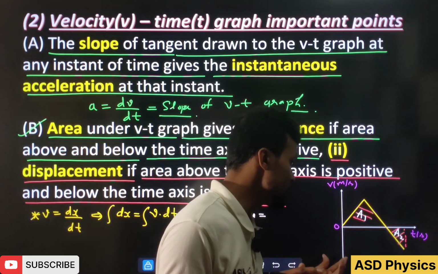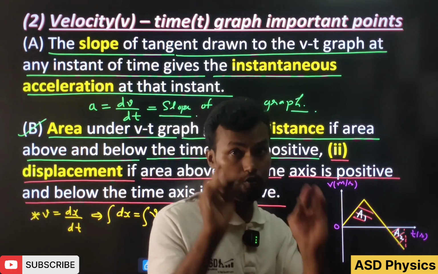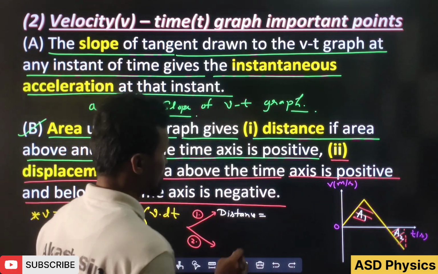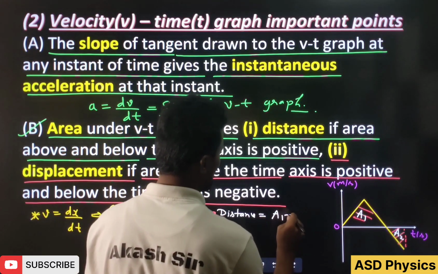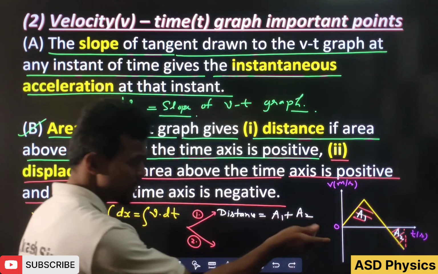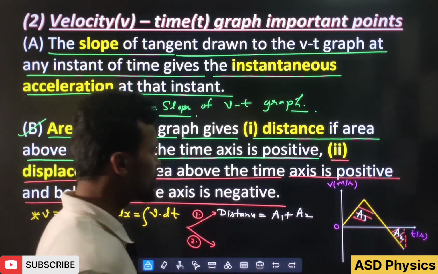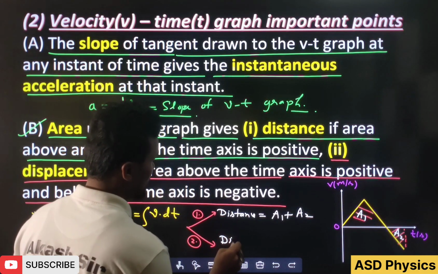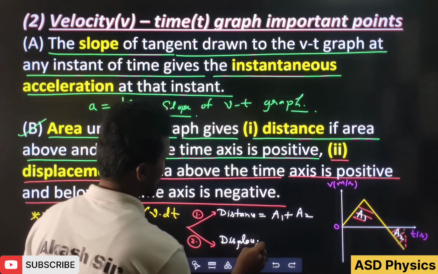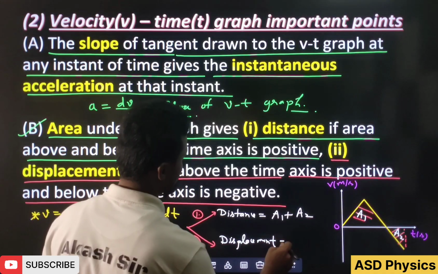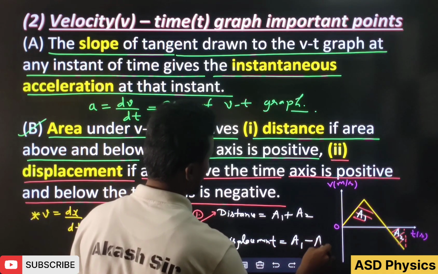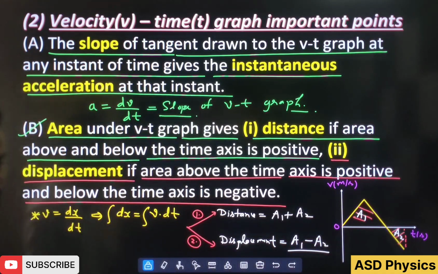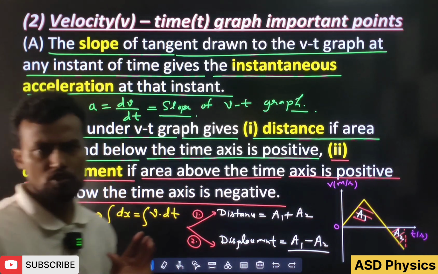No need to take A2 as negative, just pure magnitude. So distance means just add both the areas, after calculating the pure magnitude of each, you will get the distance. Similarly, for the displacement, upward area is positive, downward area is negative. This basic you should remember for the velocity time graph.